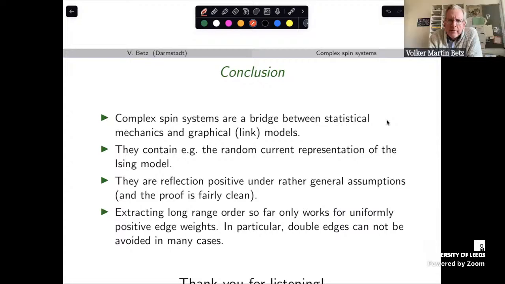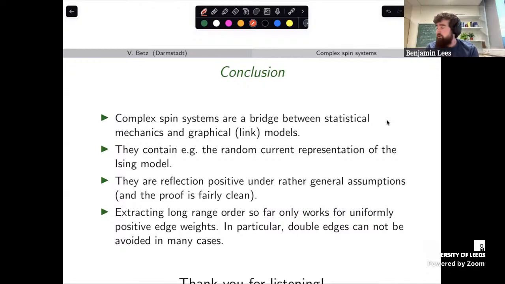Yes, but okay. So McBryan and Spencer does use these complex rotations, so it's a very natural candidate to try. I don't remember the details, but it doesn't go through in the same way.